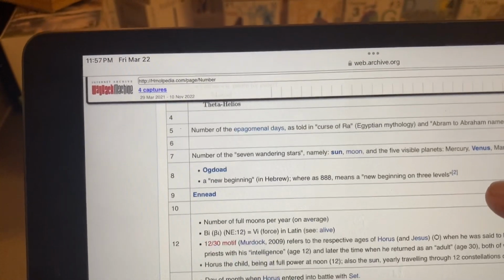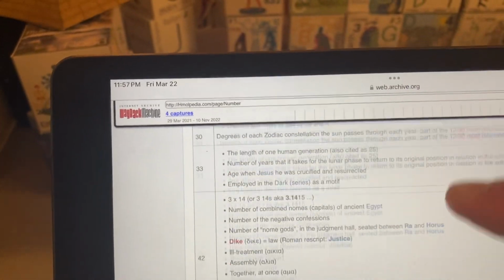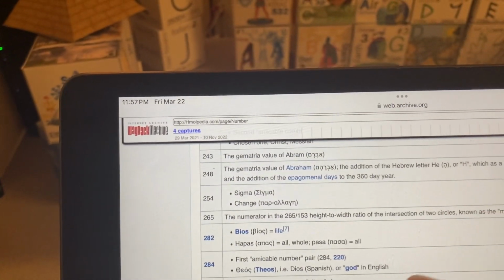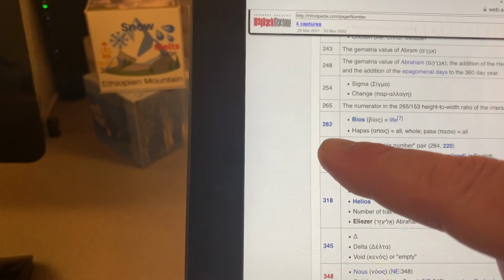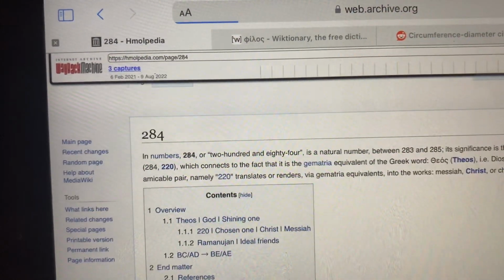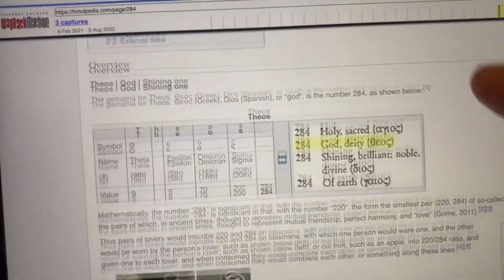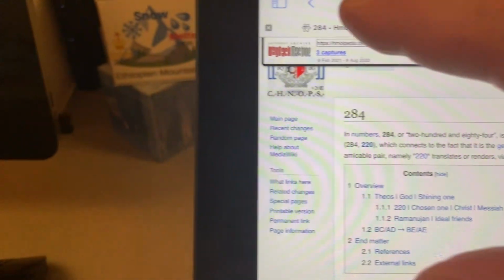So here we see not only do we have everything listed in numbers, but we can also click on, for example, 284, which we just talked about, which Barry just cited, for the alphanumeric value of Theos, or God. And then these numbers will be integrated throughout the HMLPD when it gets going again.